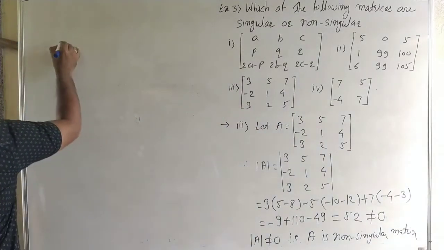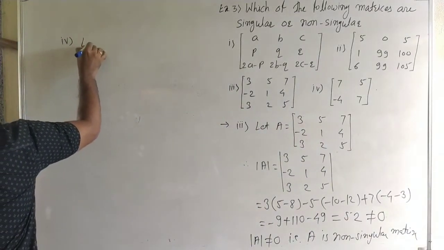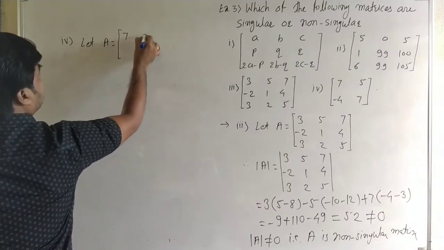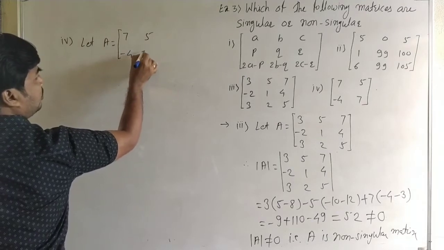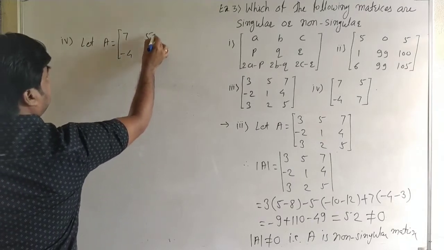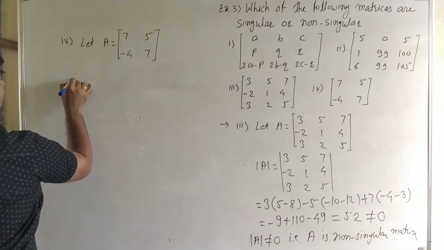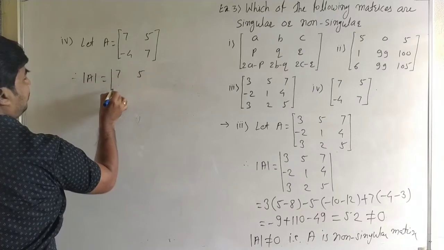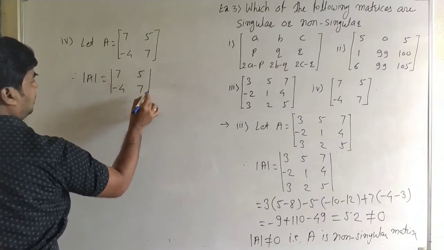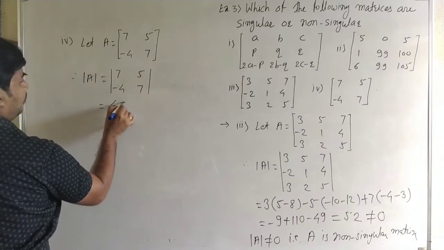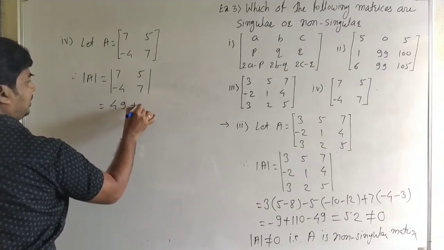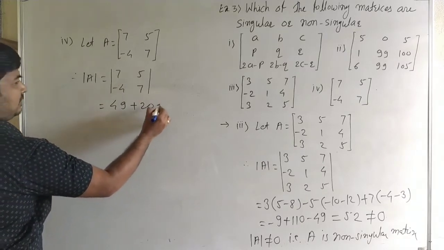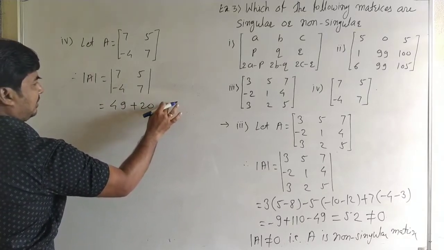Now we take the last. Let matrix A be 7, 5; minus 4, 7. Then we can find the determinant. With 7, 5; minus 4, 7, the determinant is 49 minus minus 20, that is plus 20. 49 plus 20, and then it is 69.